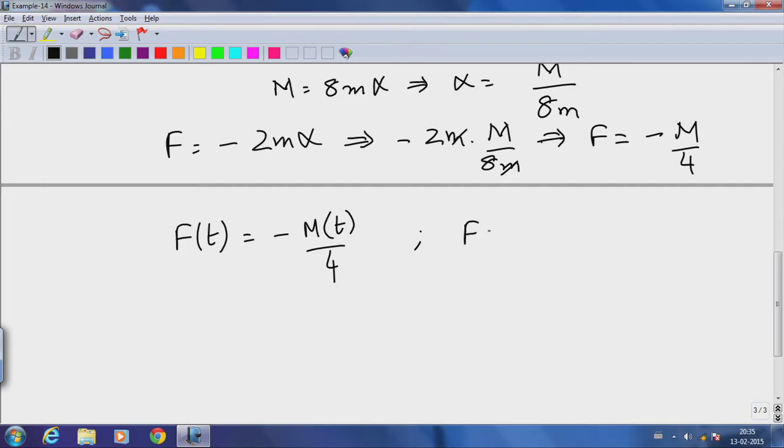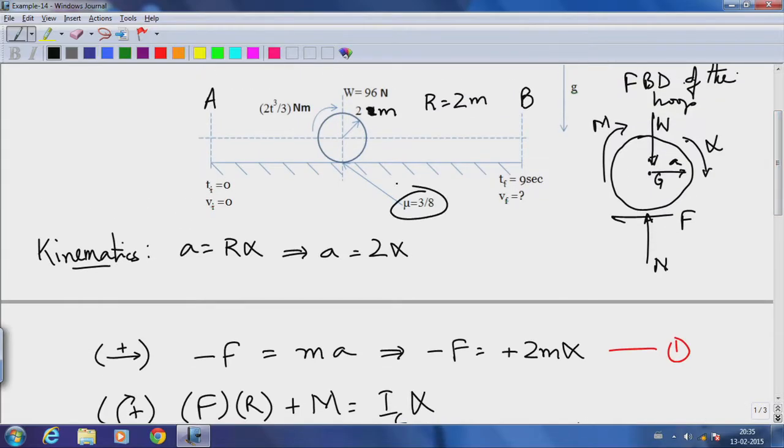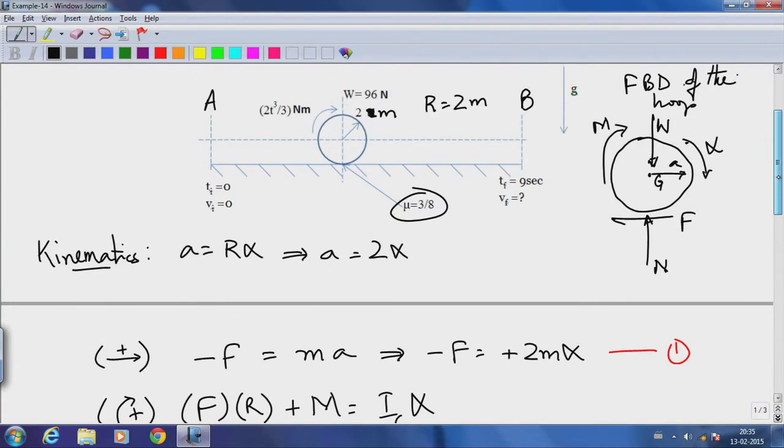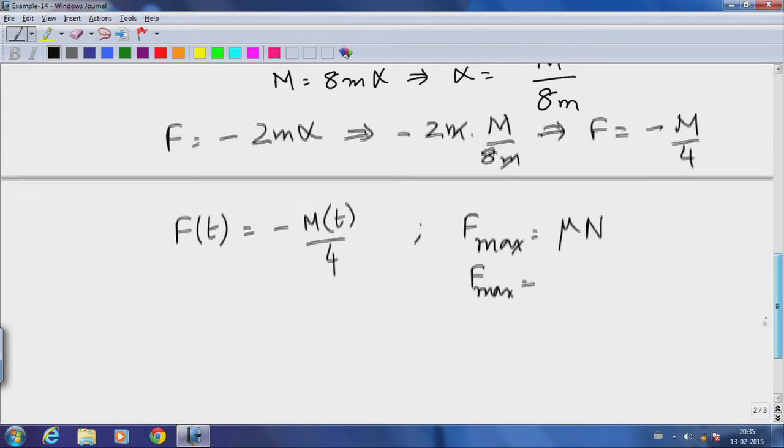Now, what I do know is that F max equals mu times N. F of t cannot exceed mu times N. So, which also implies F max equals mu, in this case we are told is 3 over 8, and N would simply be equal to W, N is 96 newtons.